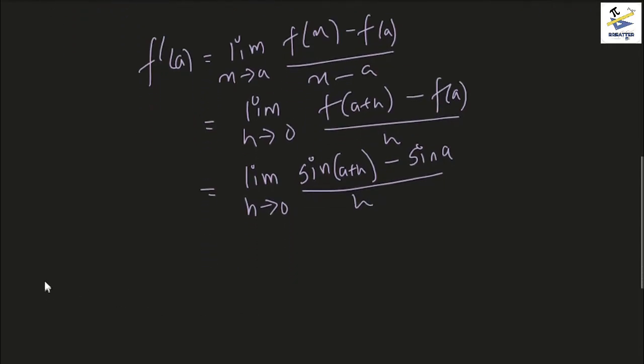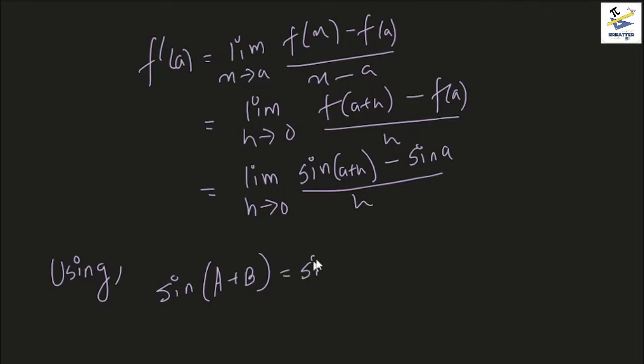Now we can use the formula for compound angles, that is, we can add and subtract angles inside sine, and we can also expand them. So we can use the formula sine of a plus b equals sin a cos b plus sin b cos a.